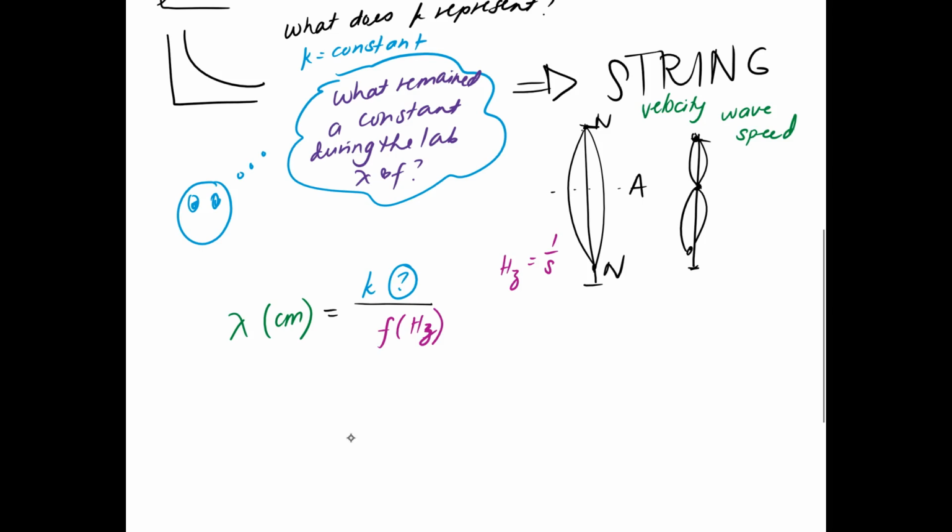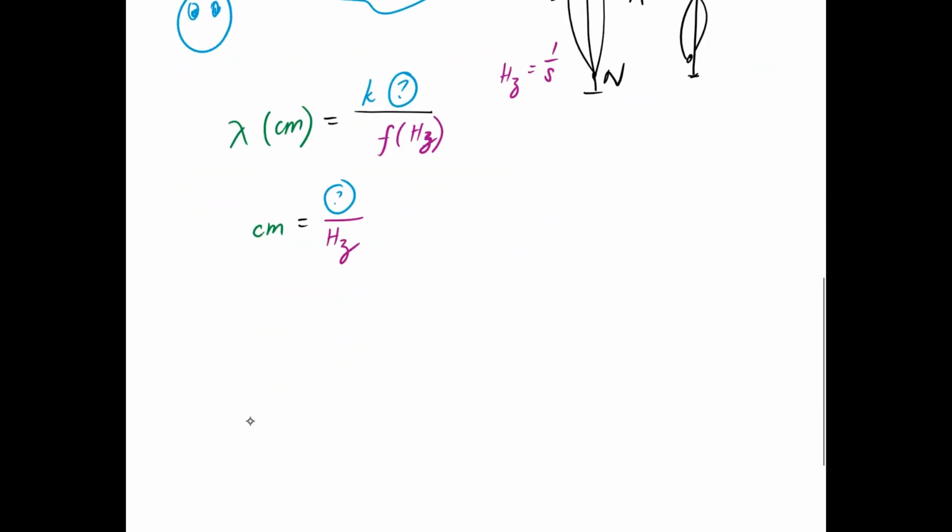So we have our centimeters, which is equal to the mysterious unit over hertz. What I'm going to do is just replace hertz with 1 over second. So our wavelength is equal to our mysterious unit over 1 over s.